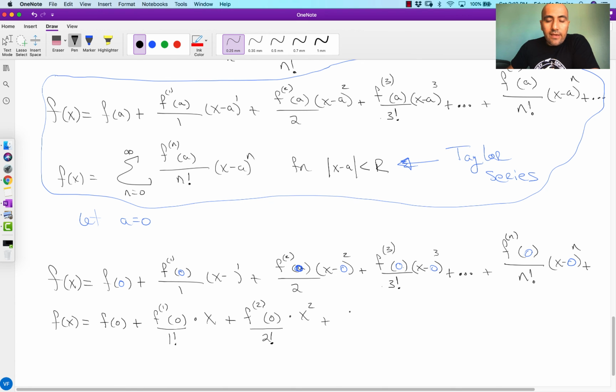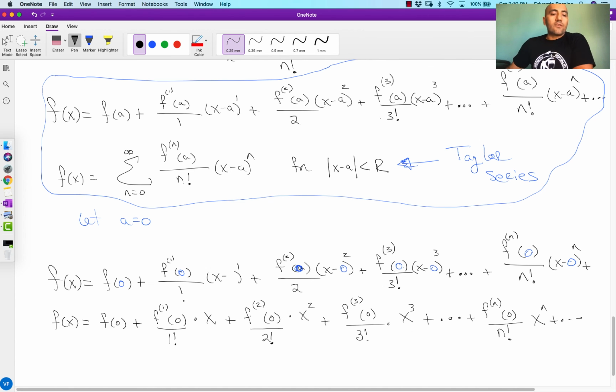Plus the third derivative evaluated at 0 divided by 3 factorial times x to the third power, plus dot dot dot. And then we end up with the nth derivative evaluated at 0 divided by n factorial times x to the nth power, plus dot dot dot.